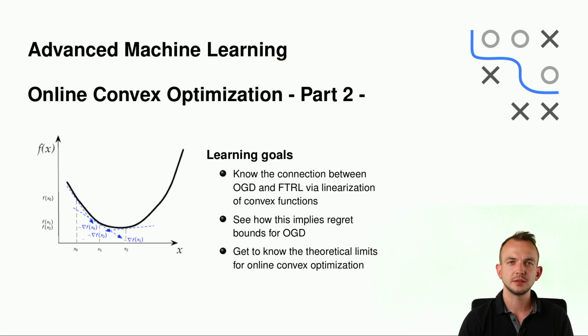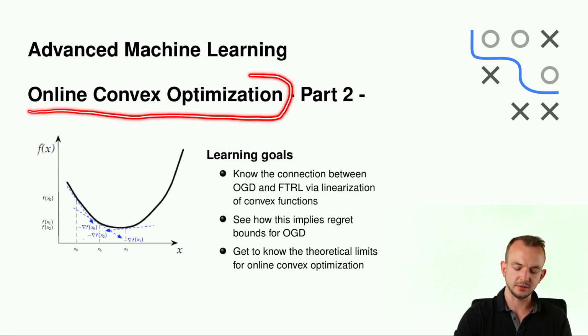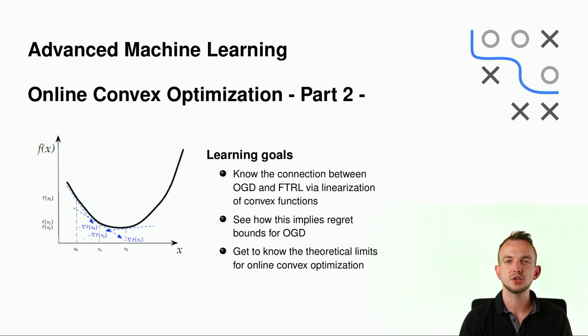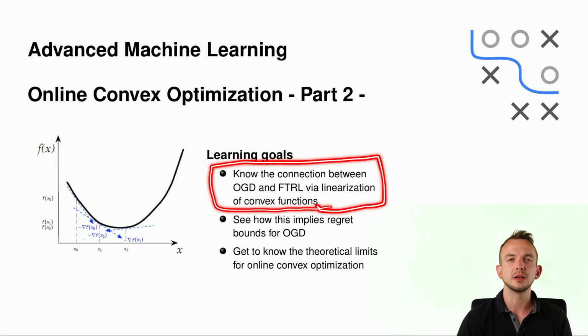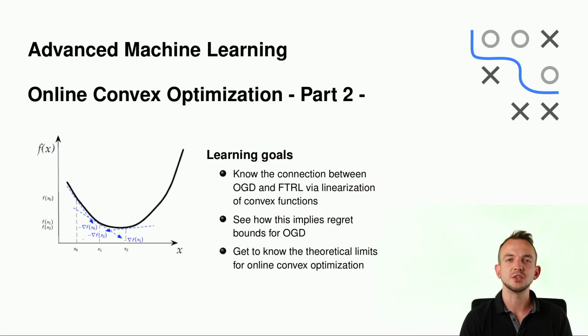I'm Victor Banks. Right now we will continue our considerations about the online gradient descent algorithm, which we came up with for tackling online convex optimization problems. In order to analyze its regret bound, we will look again at the connection between online gradient descent and the follow the regularized leader algorithm, which comes from the linearization of the convex functions which we used previously.